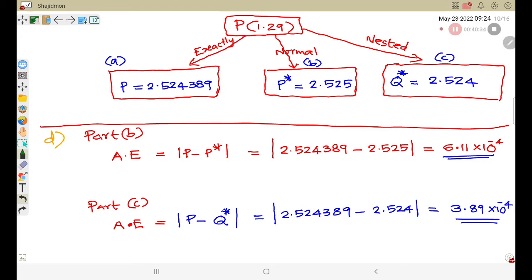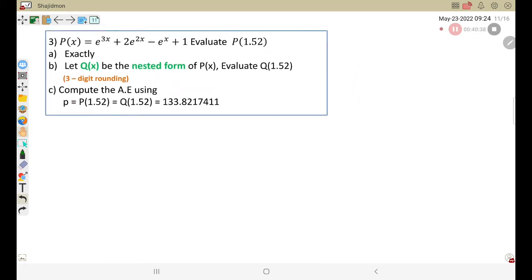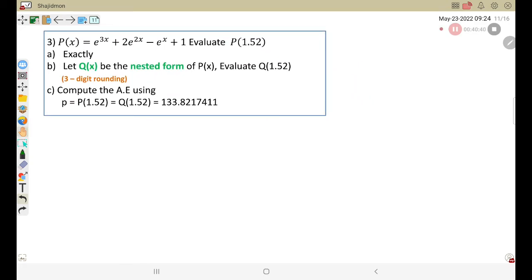We will go to some different questions now. Question number 3. P of x equals e power 3x plus 2 e power 2x minus e power x plus 1. Evaluate the P value at 1.52 exactly first.